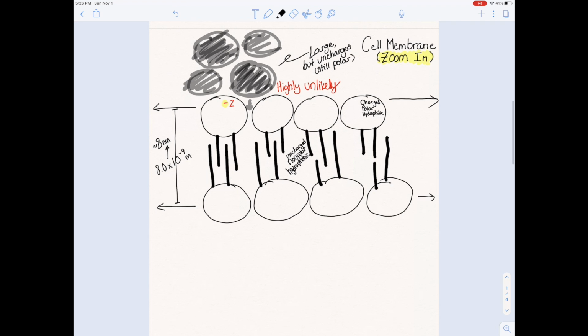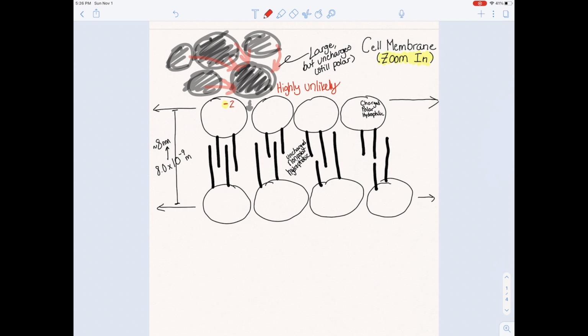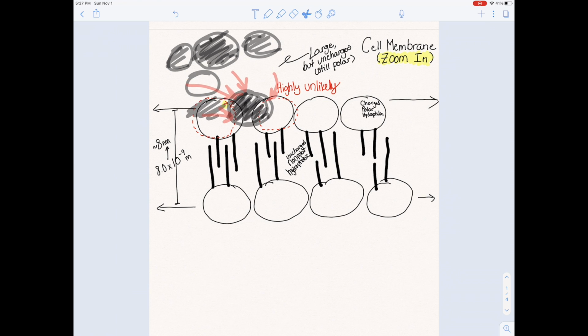The only way I could think about it happening would be if there are so many that they literally shove one of their large and uncharged but polar friends through that membrane, causing those phospholipid heads to move to the side, like I'm representing with these dotted lines here. And maybe, just maybe, you'll get enough force and enough pressure to shove one of those large and uncharged but polar molecules through that membrane. Again, this is highly unlikely.